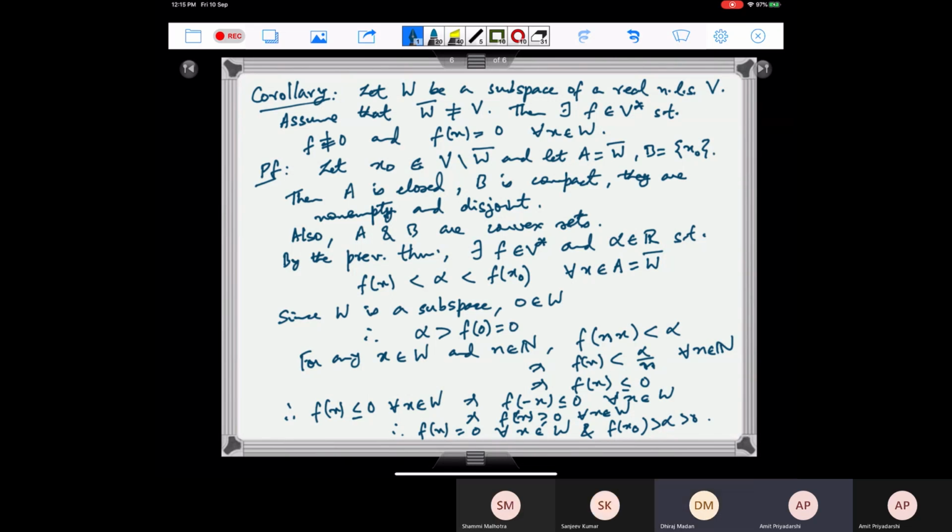In that case, you extend one by one, and then by induction you can do it for countably many also. So that is one interesting thing, that without the axiom of choice, it can be done for a separable normed linear space. Okay, anyway, so I'll stop now.